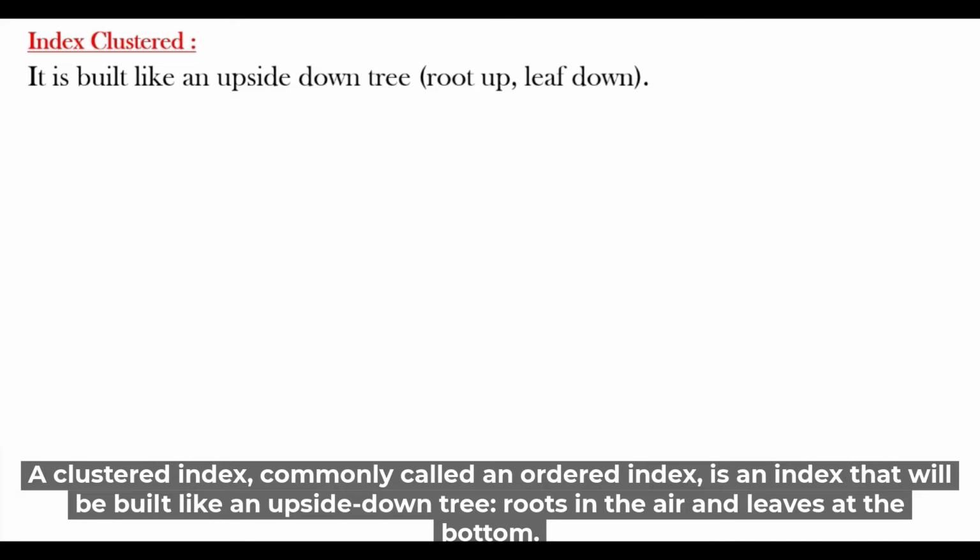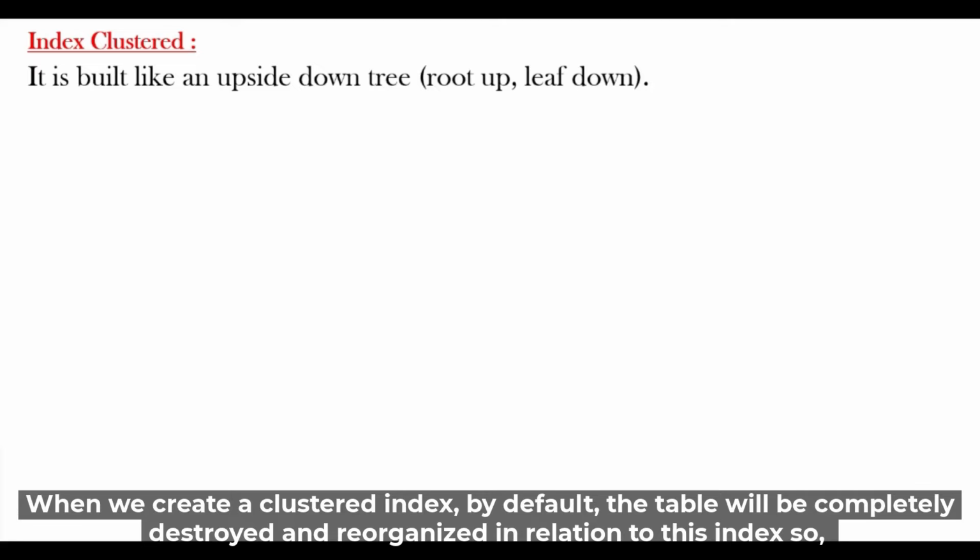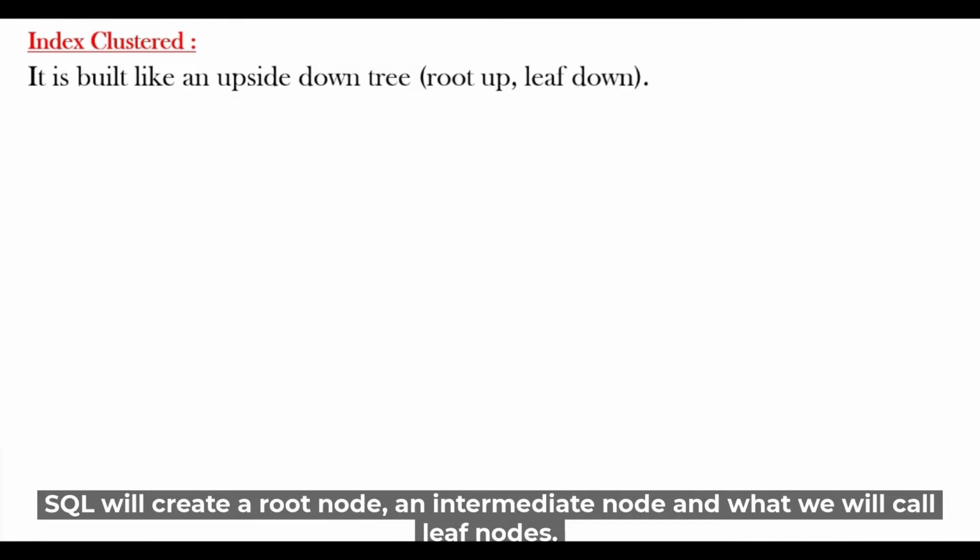When we create a clustered index by default, the table will be completely destroyed and reorganized in relation to this index. So SQL will create a root node, an intermediate node, and what we call a leaf node.